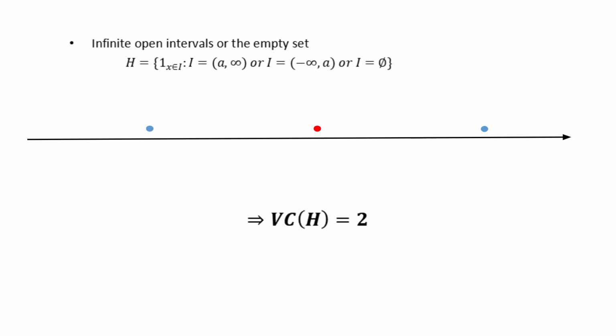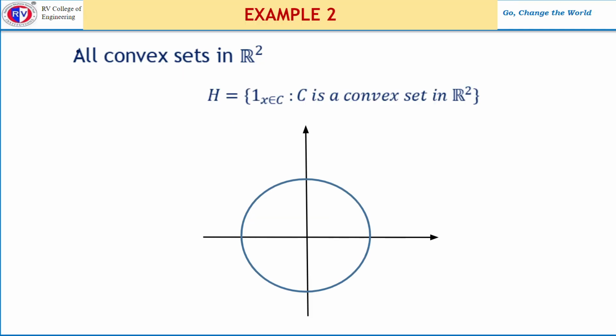So in conclusion, the hypothesis space of a single point in a number system can only have a VC dimension of 2.